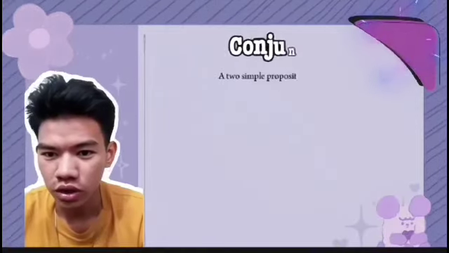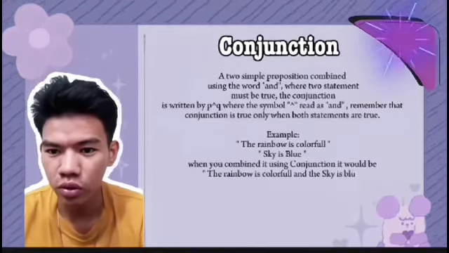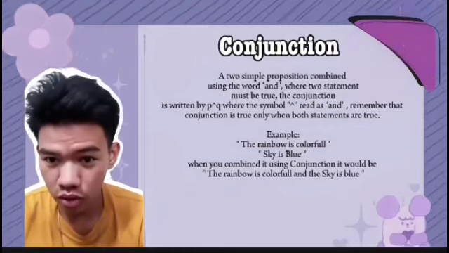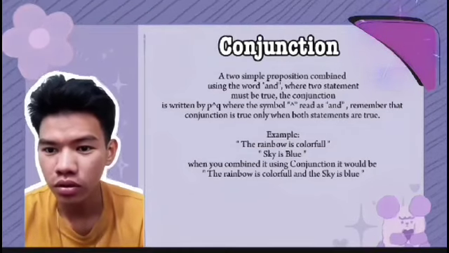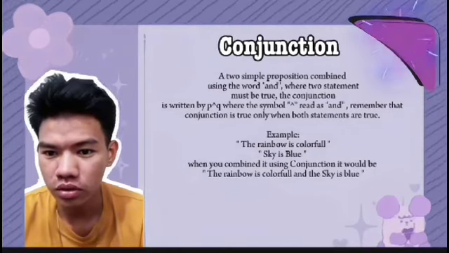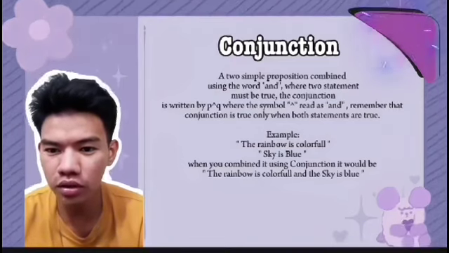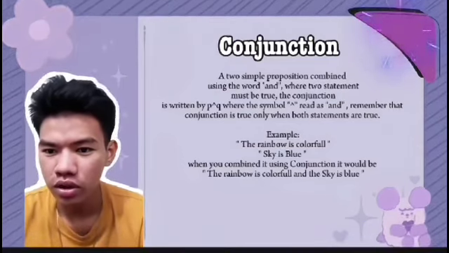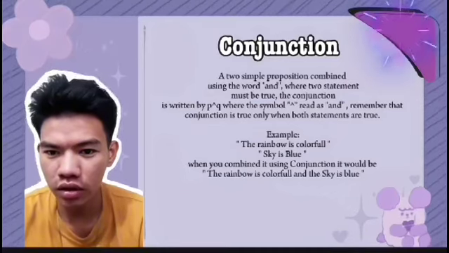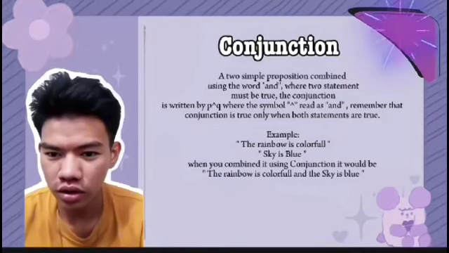Conjunction: two simple propositions combined using the word "and," where both statements must be true. The conjunction is written as P and Q, where the symbol is read as "and."